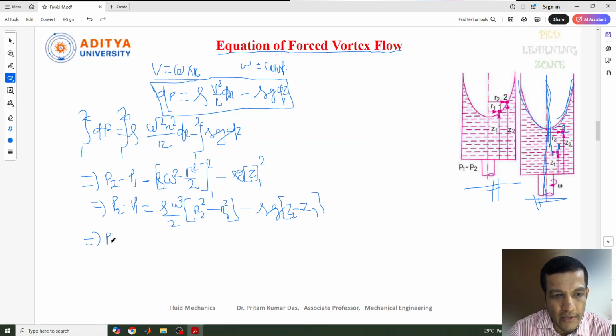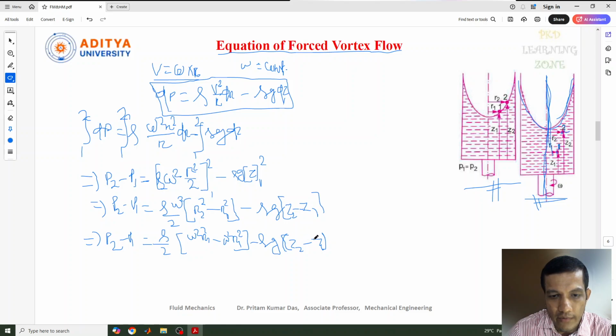So what will be there? p2 minus p1 equals omega rho by 2, and here omega square r2 square minus omega square r1 square. Similarly, rho g, and this is (z2 minus z1).